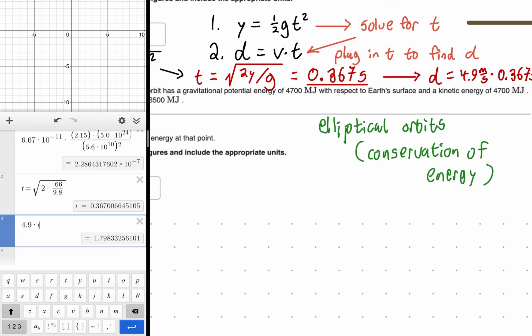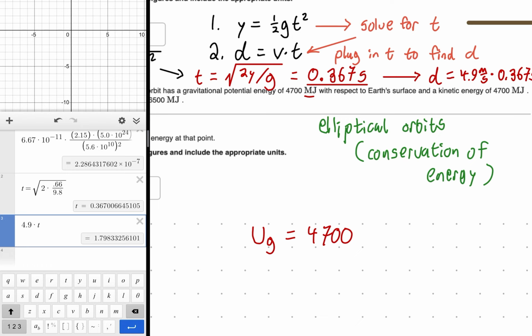So we have a gravitational potential. I'm going to start writing these down. So I'm going to call this one UG. We often use uppercase U for potential. You could use uppercase P, but we also use that for power, so it's better to use uppercase U for potential. So 4,700. And what is that M? Well, there are a lot of particular power of 10 notations that are used with the metric system, such as c for a hundredth, or lowercase m for a thousandth, and lowercase n for a billionth, and so on.